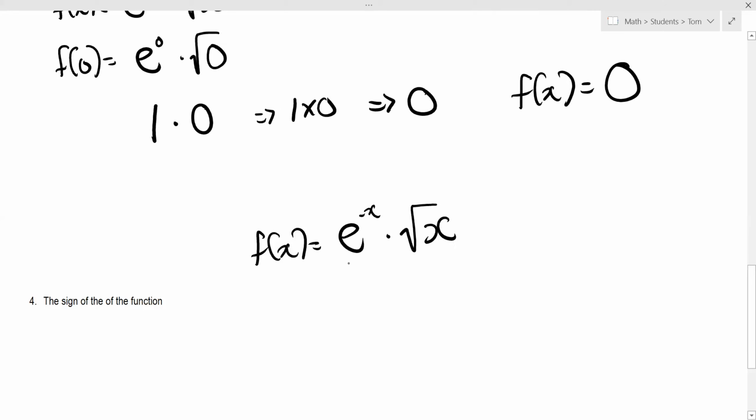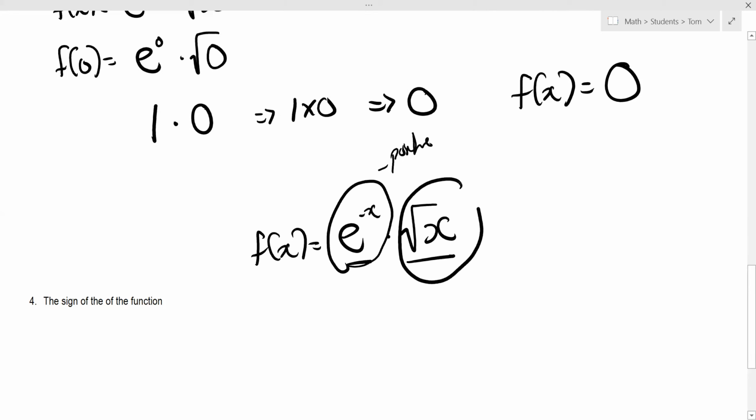Now, these two generally are positive functions because they never actually give you a negative number. An exponential function like this is generally a positive function, because e itself is a positive number.